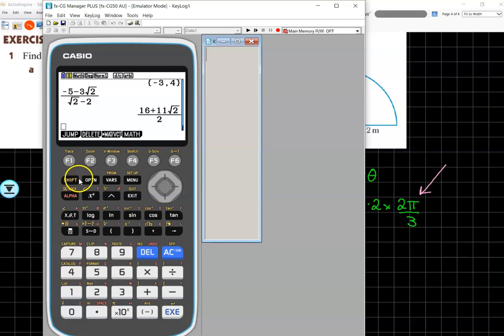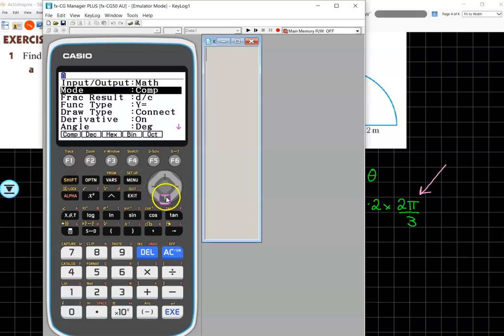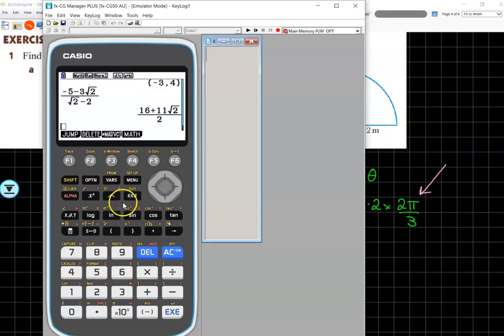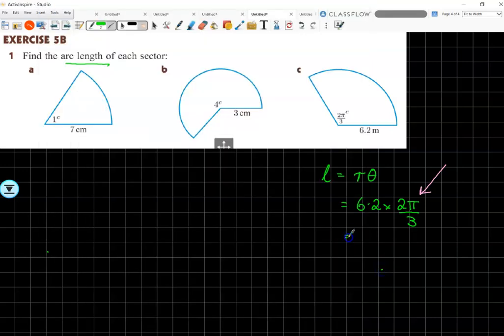So we're going to go shift, down to the angle, put it in radians, exit, and now we happily type in what we see. 2 times pi over 3. And we get 4/3 pi.